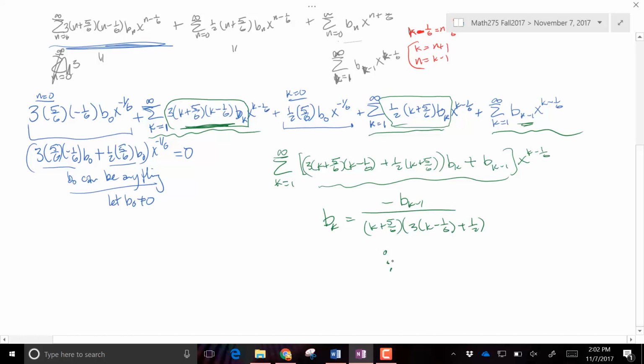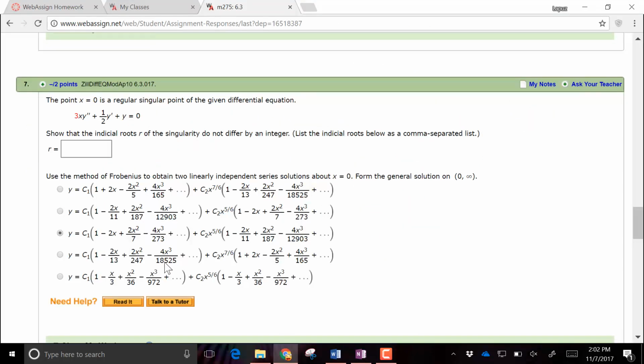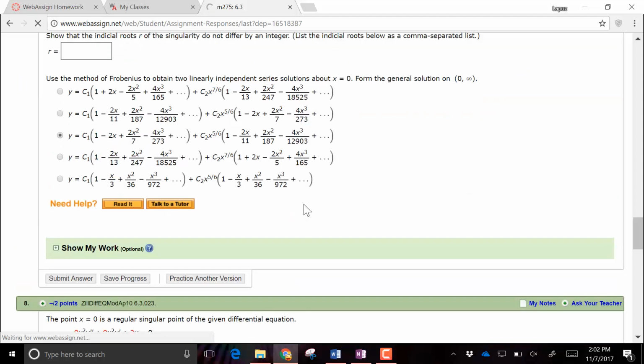Yeah. So we have k's here. When k is equal to 1, this is b sub 0 and b sub 1, and you can set your pattern. In any case, let's try our answer based on our first solution.